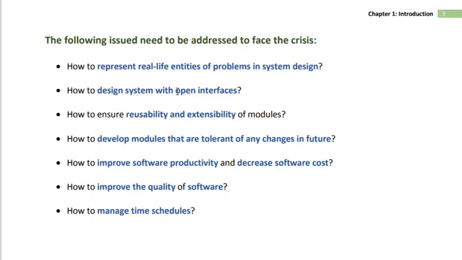Now, how to ensure reusability and extensibility of the model? Definitely, one of the prime focuses of the object-oriented paradigm is to ensure reusability and extensibility of the modules. By reusability we refer to the organization of a system as a collection of modules that can be reused in future systems that may be built.